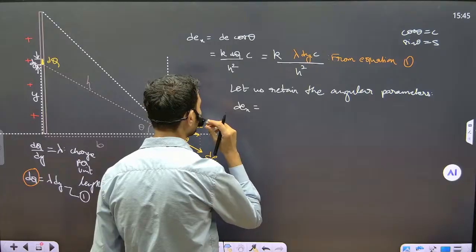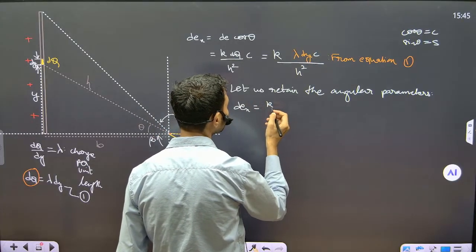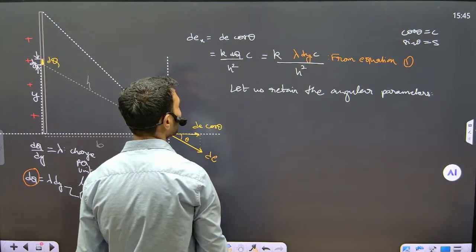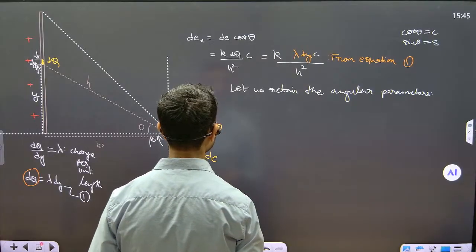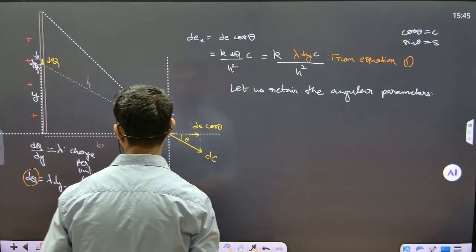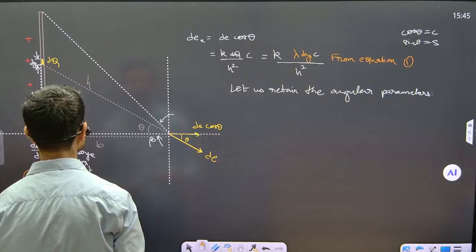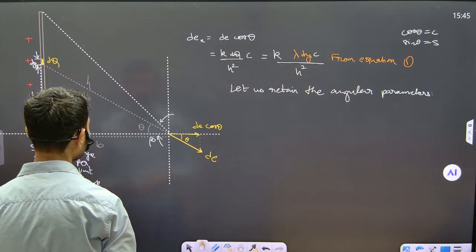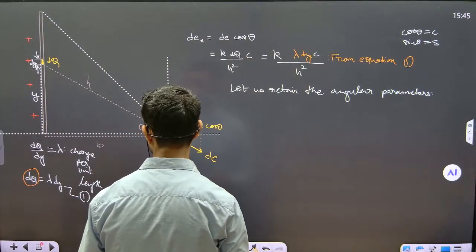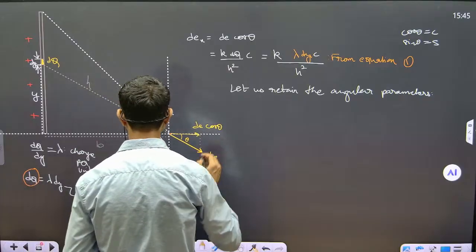So dx will come out to be k. Now how do we get the angular parameters? See, what about y and h? What can they be written as? To get h and b, which function can I write? I can write cos theta.